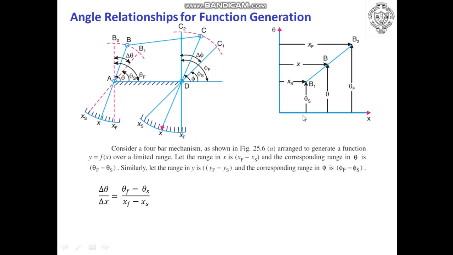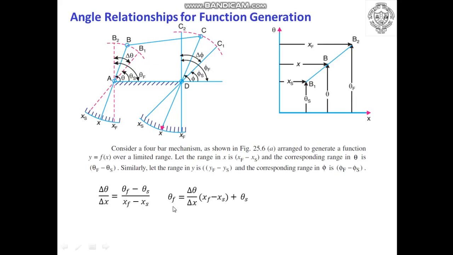Now from this particular graph, we can write the equation as del theta divided by del x, which is equal to theta f minus theta s divided by xf minus xs. We rearrange this formula to isolate theta f on the left hand side, by cross multiplication.